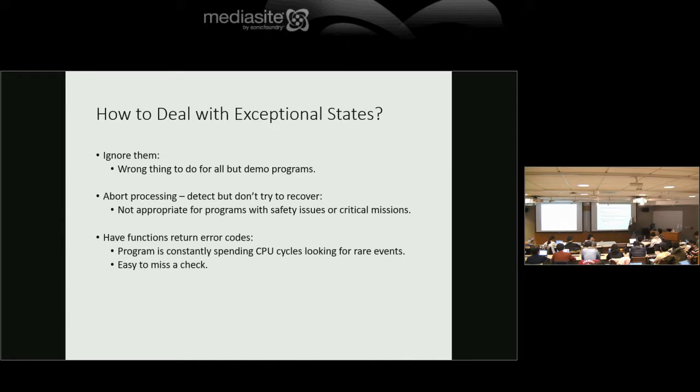Sometimes I do it, but understand that when you return error codes, the compiler spends a lot of CPU cycles looking for a very rare event. And it means your code is littered with tests for that very rare event, and it means your code is harder to maintain. So for all those reasons, you might choose not to use error codes. What's left are exceptions.